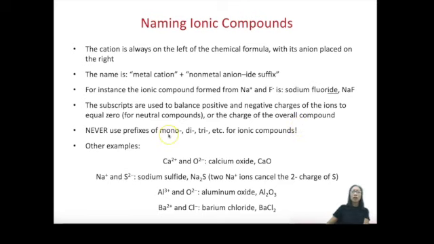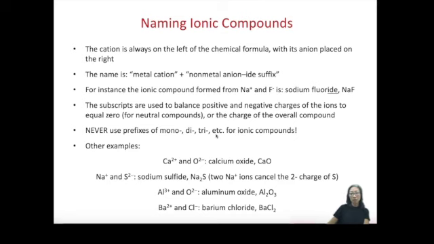And for ionic compounds, you will never, ever see, or you shouldn't, at least in the work we're doing, these prefixes that are used for covalent compounds. These are prefixes mono, di, tri, tetra, penta, hexa, hepta, and so on. These are used for covalent compounds. But what you will see for ionic compounds in names are those Roman numbers.